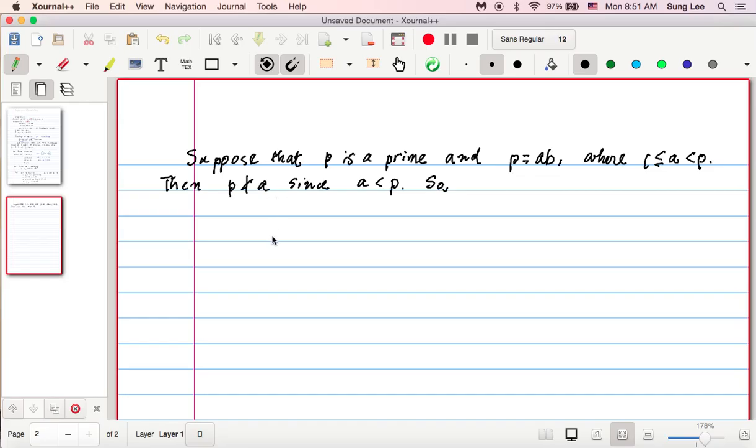Since P does not divide A, P and A have to be relatively prime.